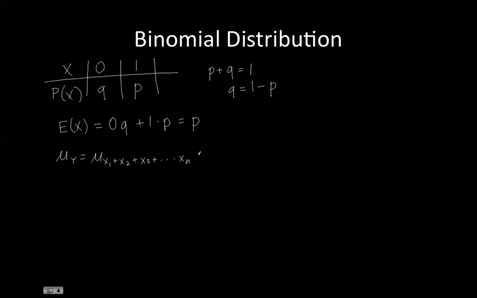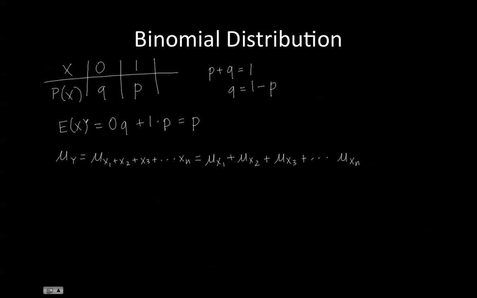Well, we know that this is basically equivalent to the expected value of one trial plus the expected value of the second trial plus the expected value of the third trial, so on, for n number of trials.